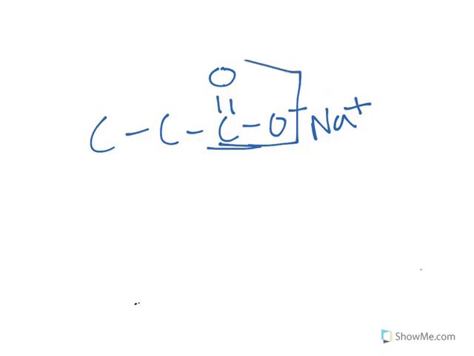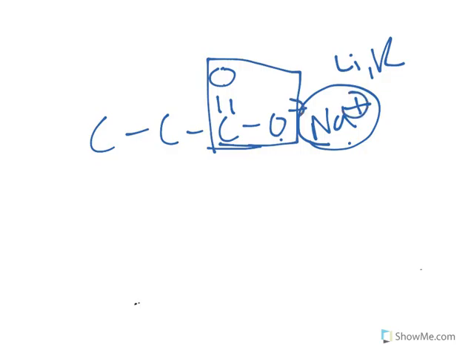Okay, so kind of like it's an ester. But on the other side of that oxygen, instead of an R group like you would see with an ester, you're looking for some sort of metal. So like Na, lithium would be another one, potassium would be another one, something like that. So that's what you're looking for. So really this O and then a metal right next to it, that's going to tell you you have a carboxylate salt, because we're looking for those plus minus charges.